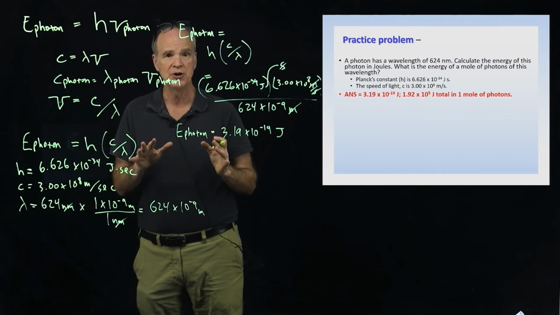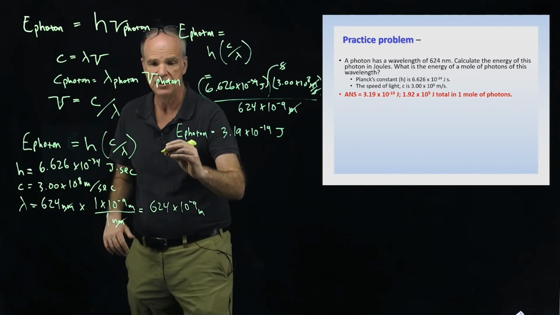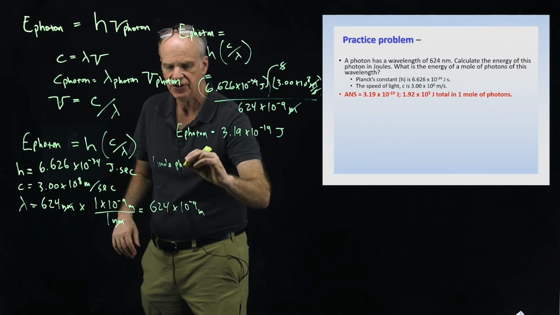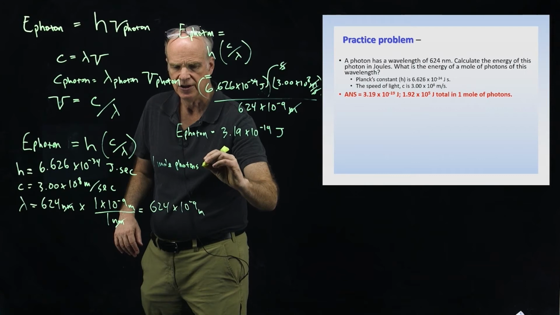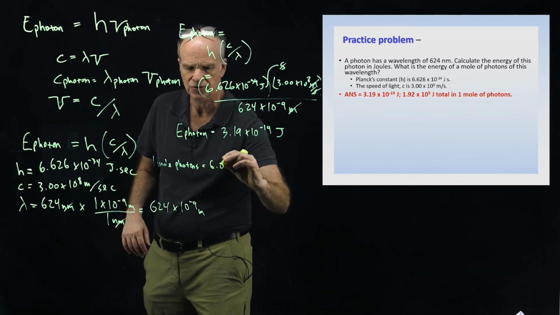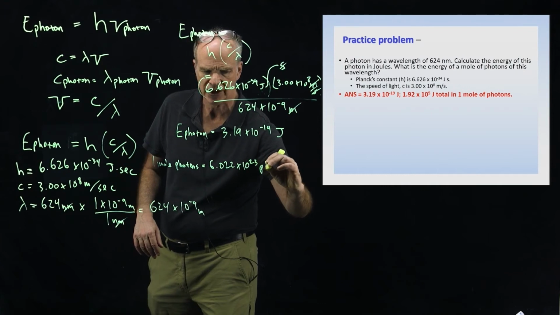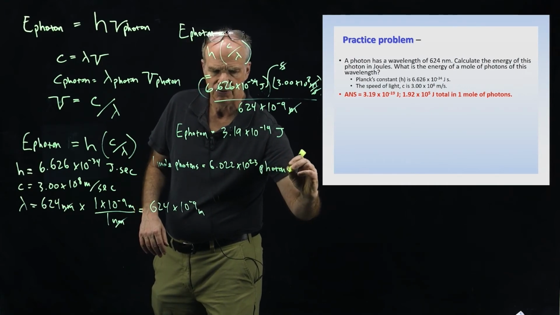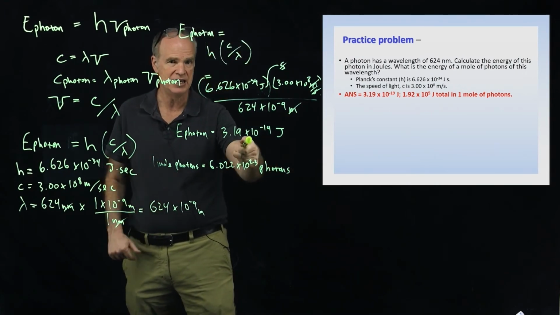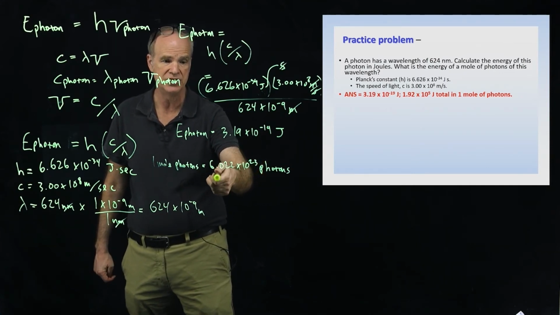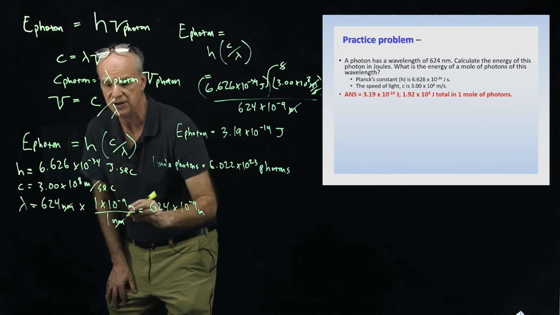Well, you can also apply it to photons, in that 1 mole of photons is equal to 6.022 times 10 to the 23 photons. So we can use that relationship and the energy found in 1 photon to figure out the total energy in 1 mole of photons.